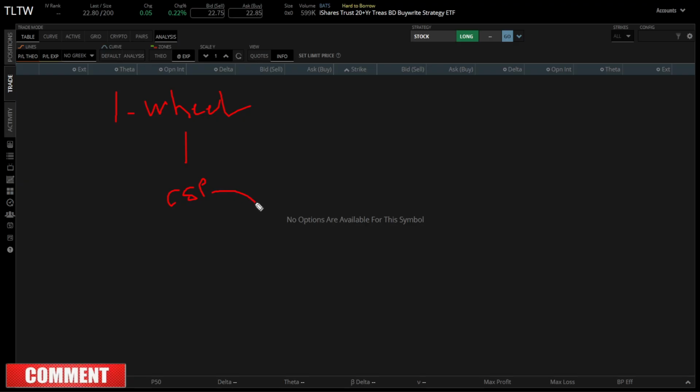And then if we do get assigned, of course, we're going to hold 100 shares, okay? And then from the 100 shares, we are going to sell a covered call, a call option. For every 100 shares that we get assigned, if we sell 1 contract, we're also going to sell 1 cash covered call, okay?